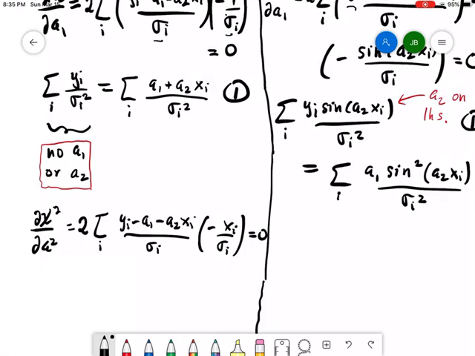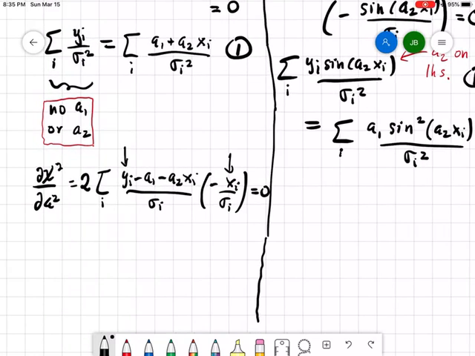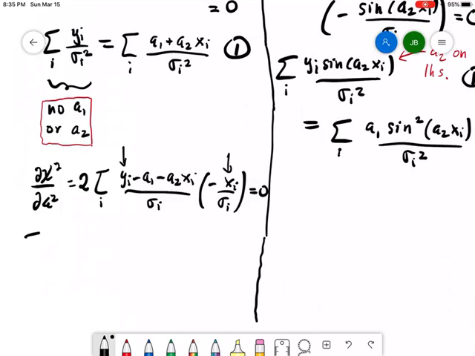Okay, so we end up doing the same kind of separation of terms that we did last time. We're going to take whatever has the y in it and move it over to the other side. So this time we get a yi times an xi. So on the left-hand side, what we'll end up with is the sum of xi yi over sigma i squared.